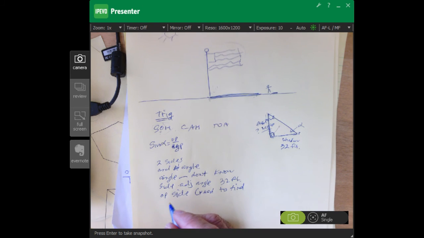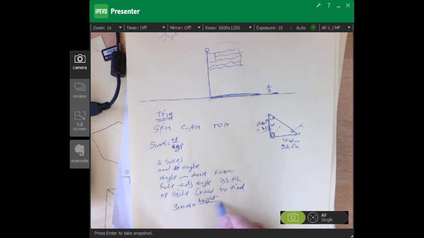So if we plug it in right now, what we have is the sine of alpha equals the opposite. I'm just going to write it out completely. Instead of writing h, I'll write height divided by 32 feet. Now, in order to figure out how tall this is, we need alpha.